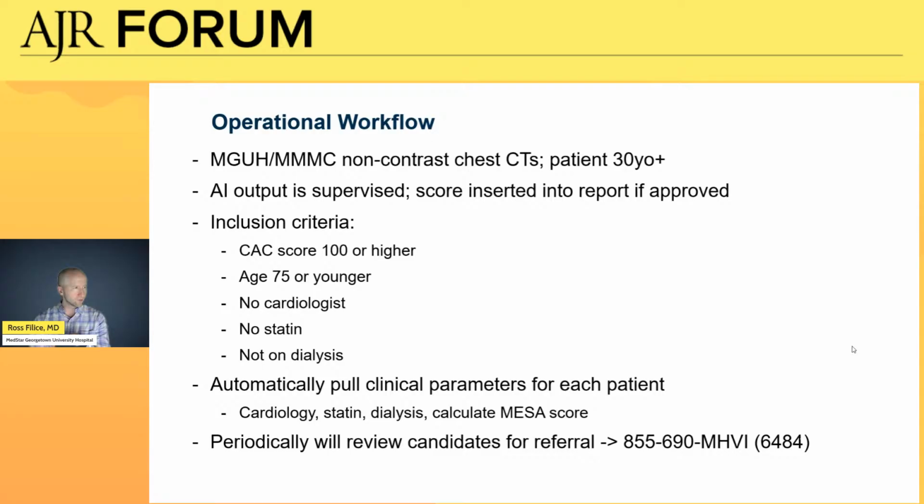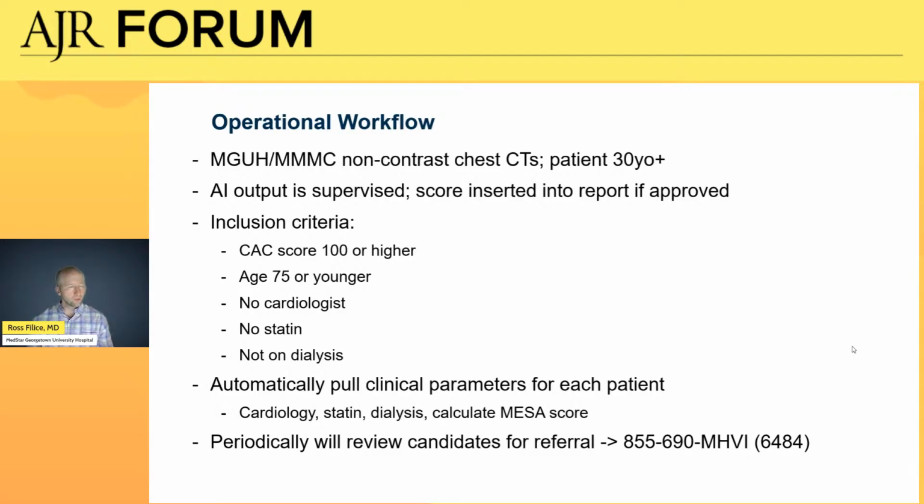Again, it was supervised reports, and the inclusion criteria I'm listing here basically is our attempt to find patients who are at the highest risk, who are basically completely naive to the fact that they have coronary artery calcium. So it's CAC scores of 100 or higher, again, that important threshold, and those patients who have substantive calcium, are relatively young, and we have no record of them ever seeing a cardiologist or being on a statin. So to our knowledge, they probably don't know that they have this coronary artery calcium, and certainly they're not being treated for it.